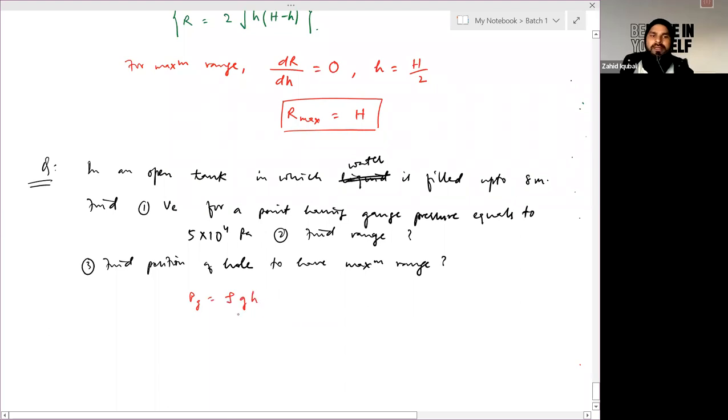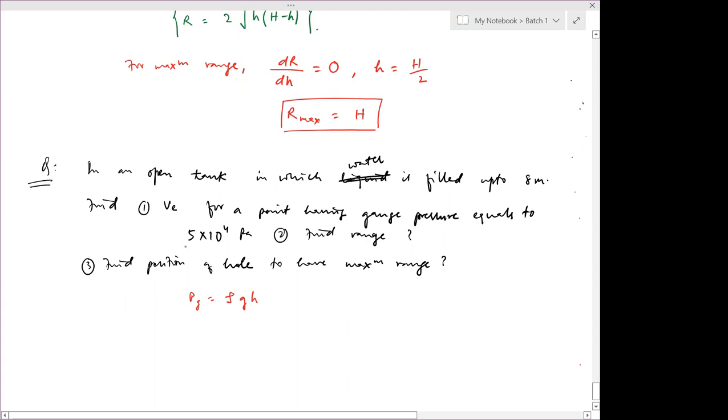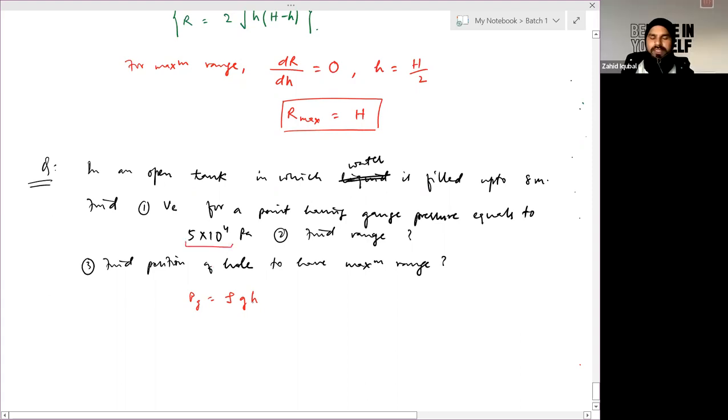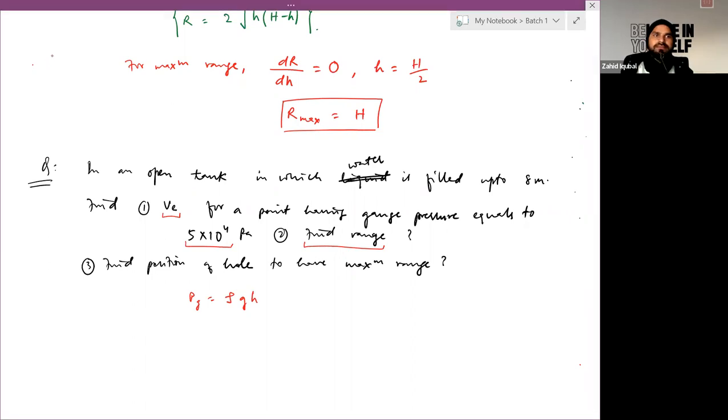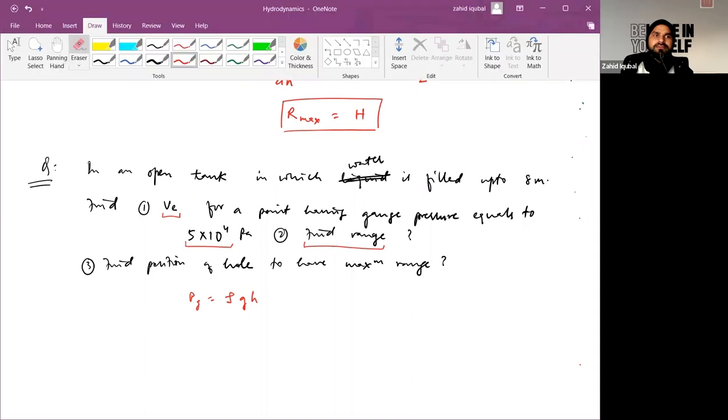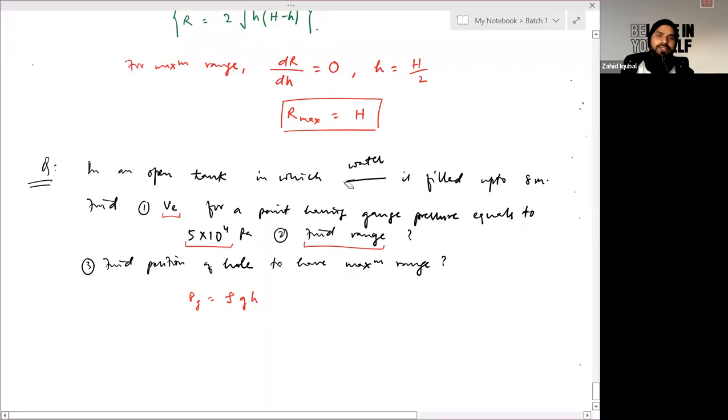Okay, now just equate this part to this part. You will get the value of h. Put that in the equation of velocity of efflux to get it, and also find the range for this segment using this expression. Density of water is 10 to the power 3. Take gravity to be 10.